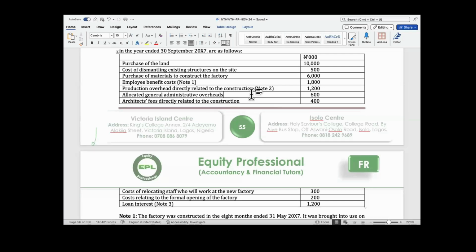If the thing got damaged, you return it to the person, tell them it is not good, and collect another one. If the person refuses to collect it, you ensure he collects it. You can collect your money, then go and buy it from another place. Any cost you have incurred to buy that asset that you did not successfully buy eventually, you expense, because there is not even an asset in existence.